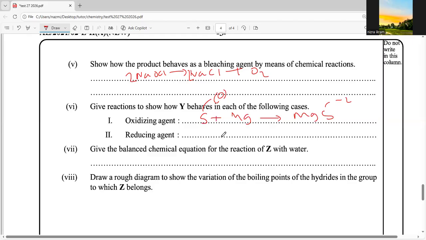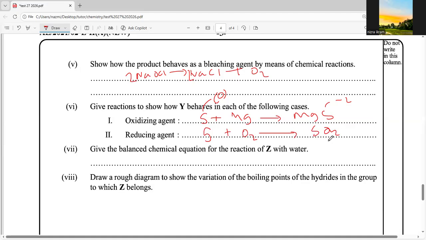Oxidation of sulfur. Anyone wrote it? So we can take an oxide formation, right? Sulfur reacting with oxygen forms sulfur dioxide.